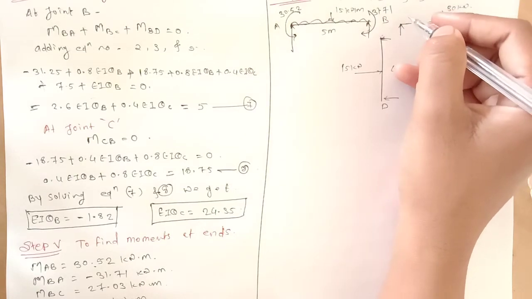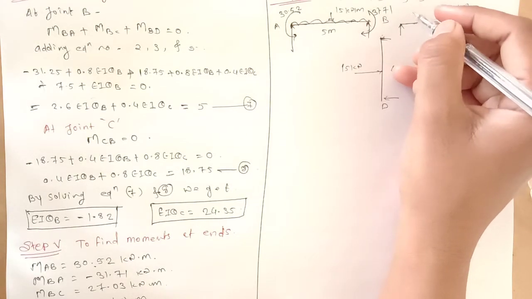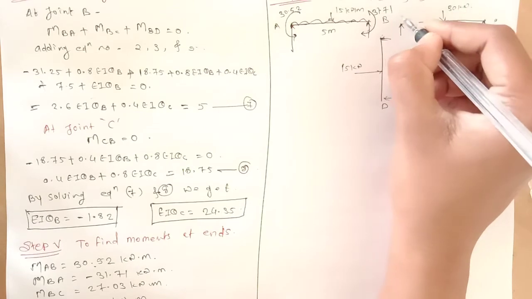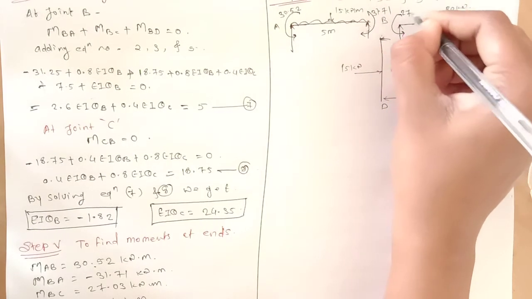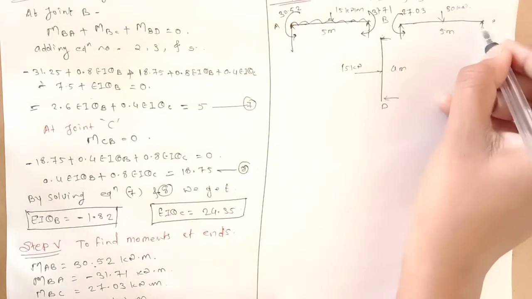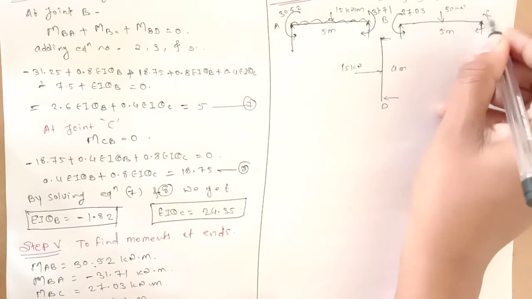Then next, the end moment at member BC is equal to plus 27.03. So this end moment is like that, 27.03. Then at point C the end moment is 0.